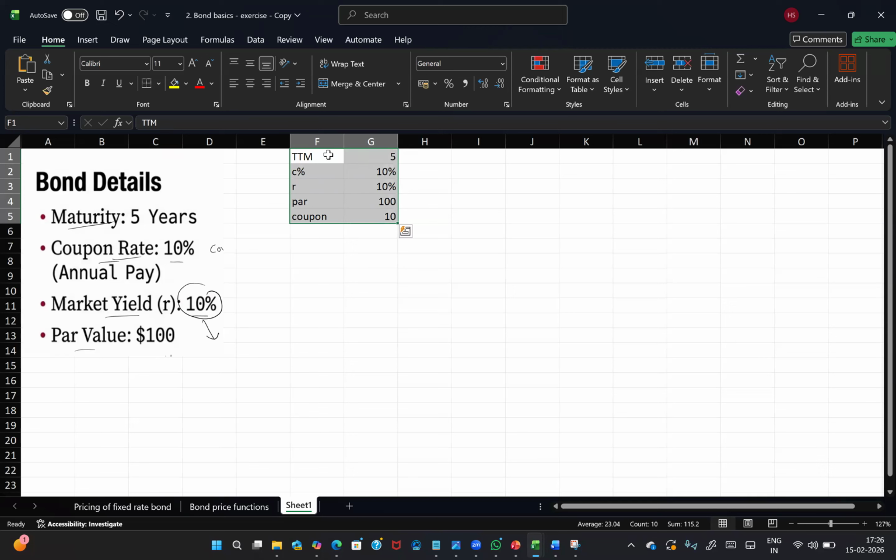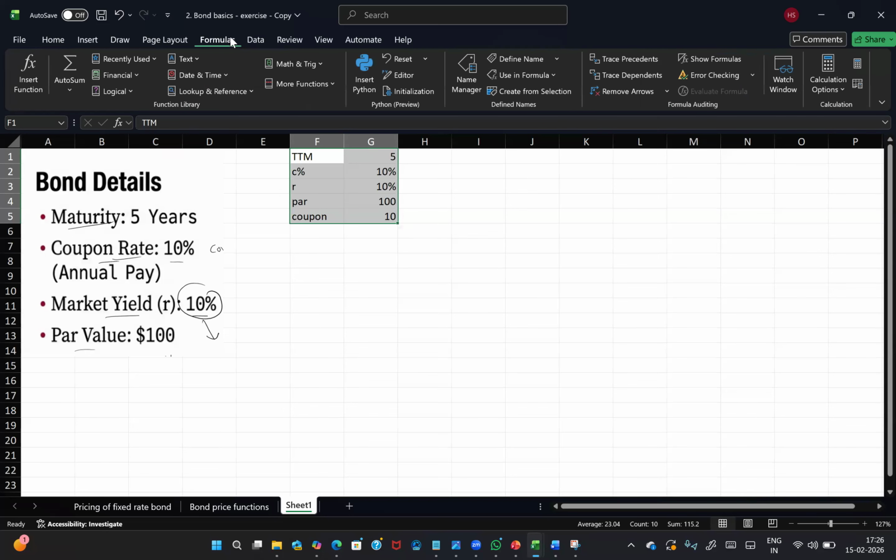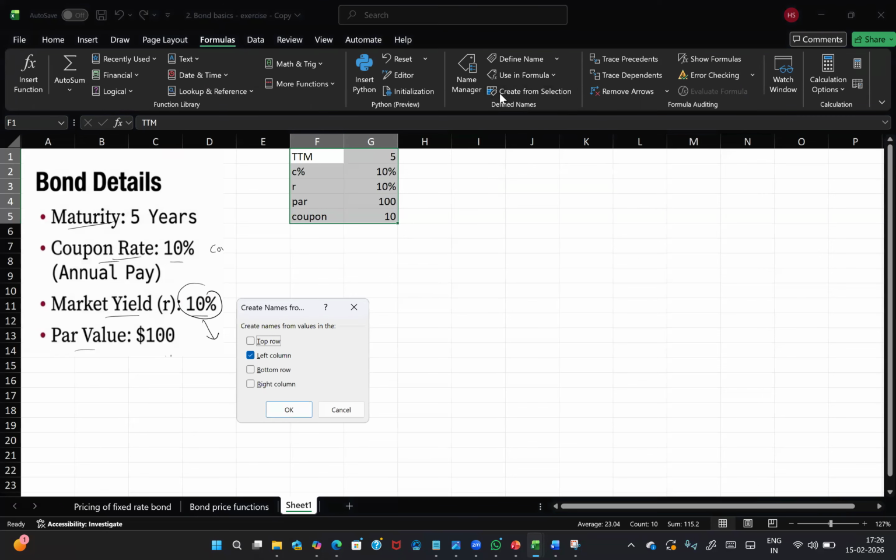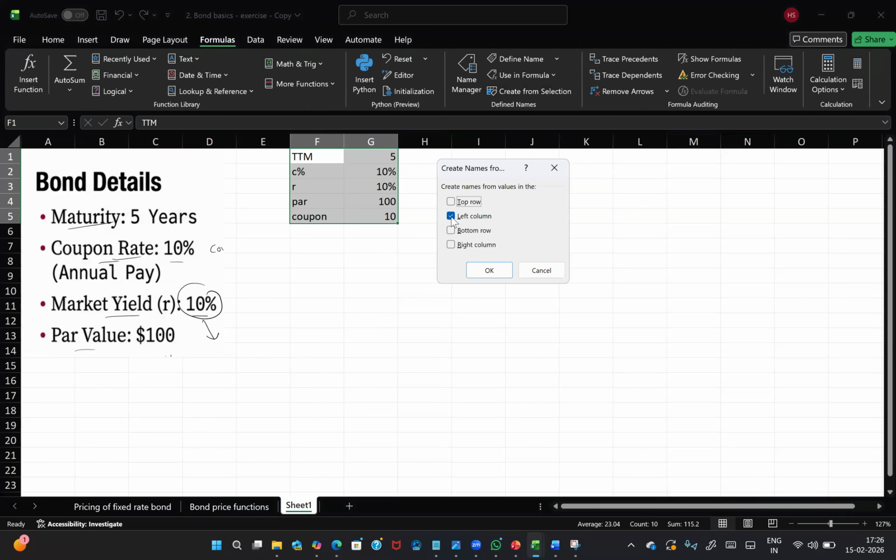Then select the names and the values on the right. Then you have to go to formulas, click on create from selection, and check left column. It means that it will create names for the values from the left column.